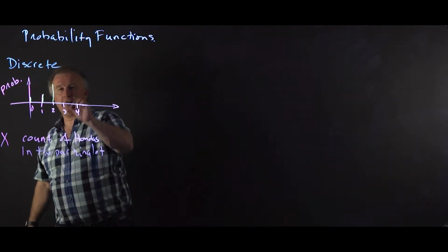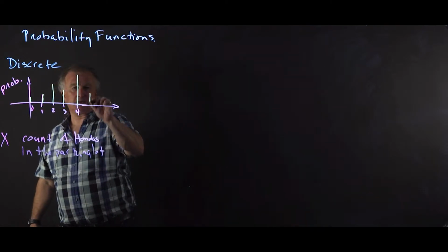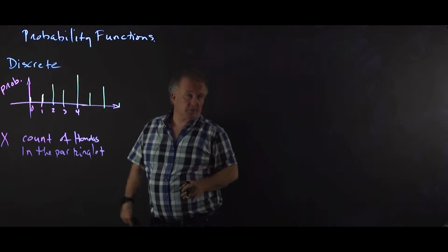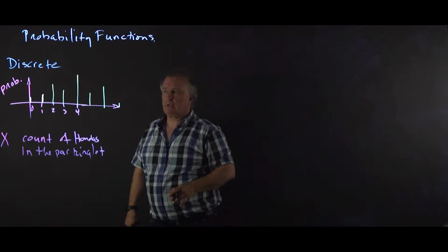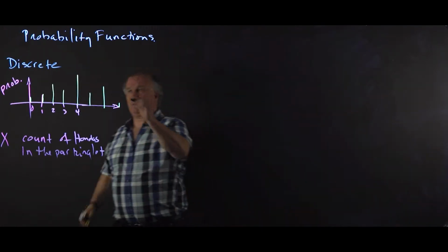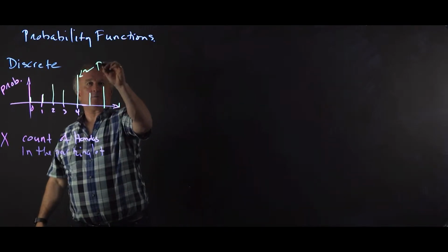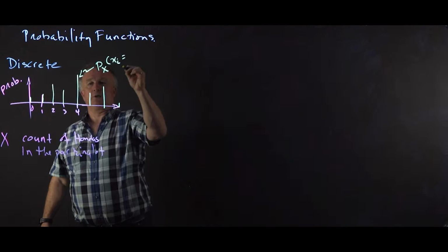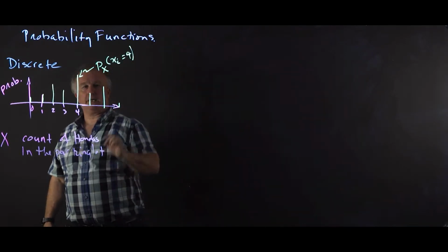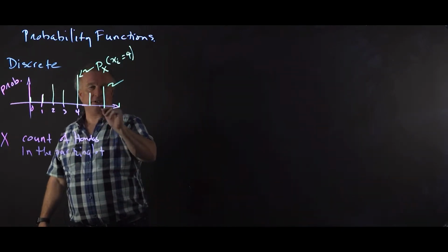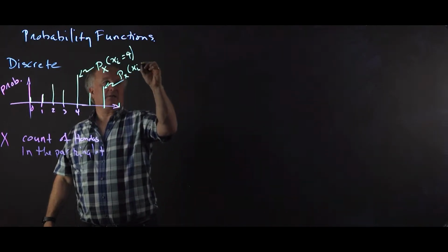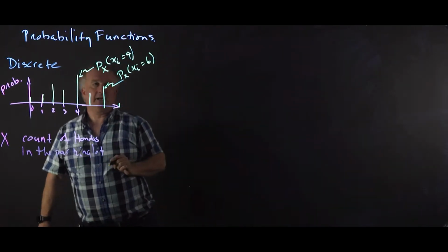And what I might find is that this probability function takes on some sort of profile like that. And so this is the probability that x equals 4. If that's 5 and 6, this is the probability that x equals 6, and so on.